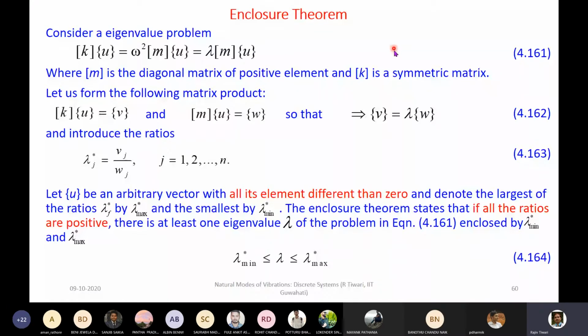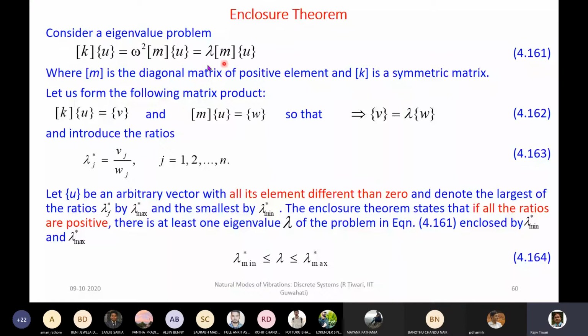But here we'll not solve this using that procedure. Instead we'll use an approximation, guessing the displacement, and then we'll try to find the range of the eigenvalue.